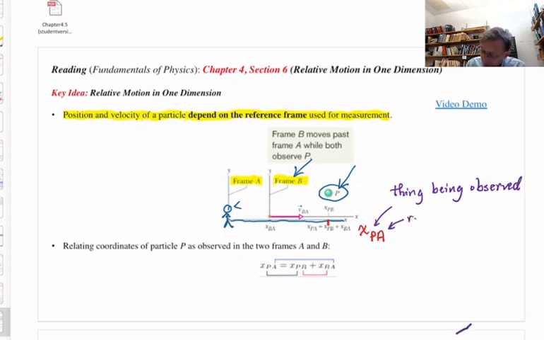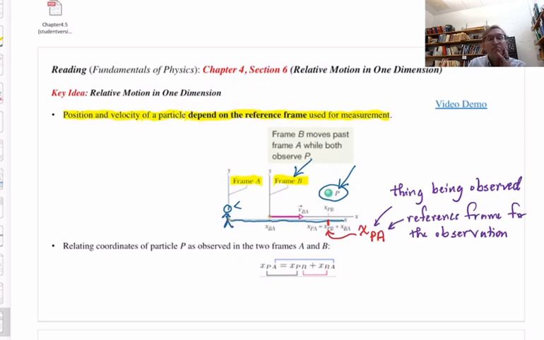So the reference frame for the observation. And that's going to be very important in this section of Chapter 4 that we use this subscript notation and we use it consistently and carefully. So what I'm referring to right now is that tick mark right there. It's the x-coordinate of particle P as observed by somebody in frame A.